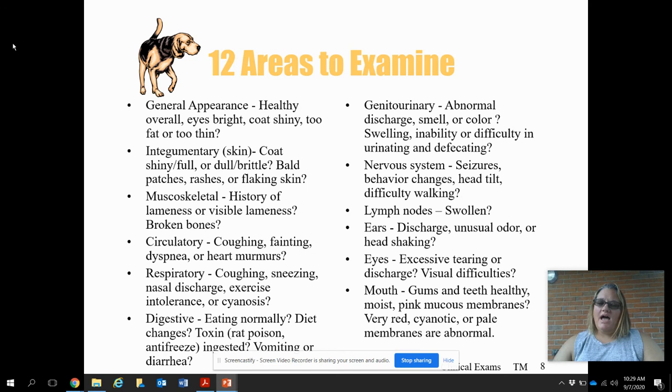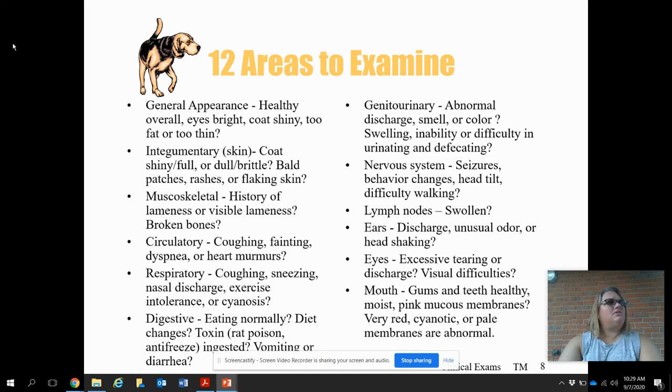All right, eyes. Excessive tearing or discharge drainage coming from the eyes. Visual difficulties. There's a cloudiness of the eyes. As animals get older, they do have some old age changes in their eyes, but it's important to make sure that you're checking them and the mucous membranes around the eyes. And that leads us to the mouth, the gums, teeth.